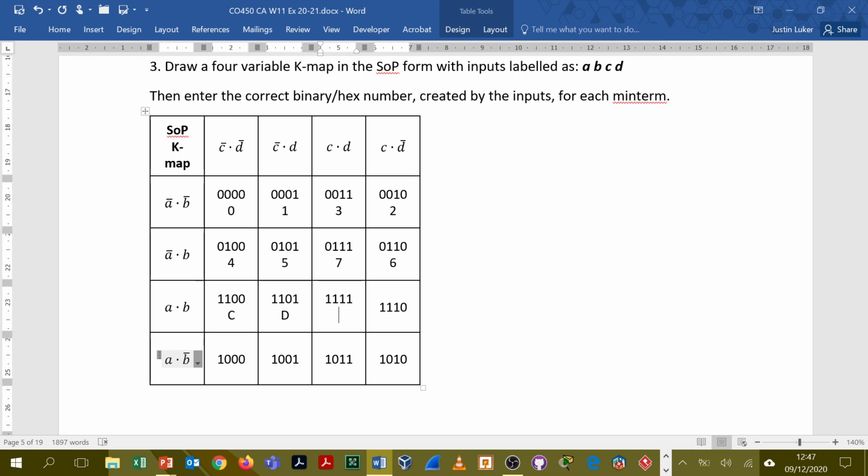So that's F. So it's 14. So yes, F on that one. This one is, that's 14, so that's E.